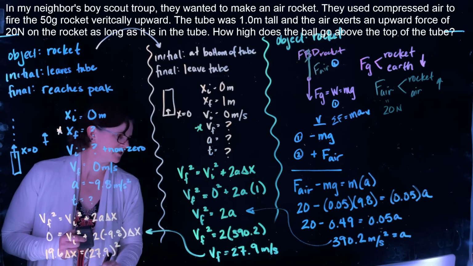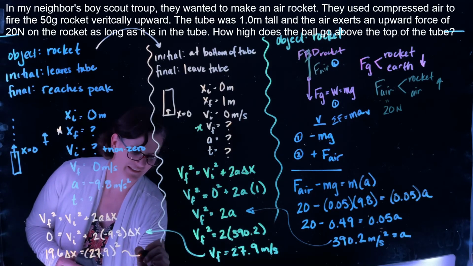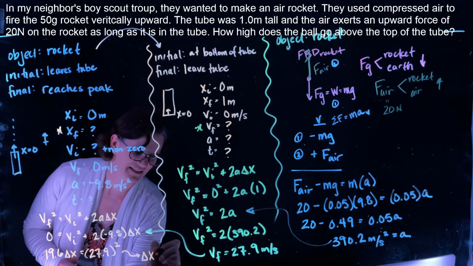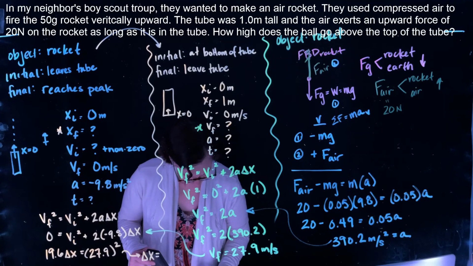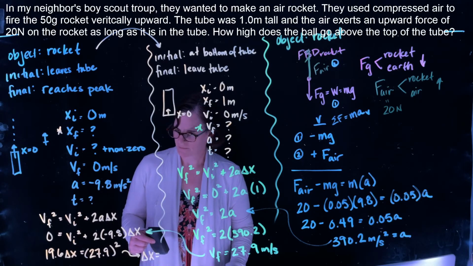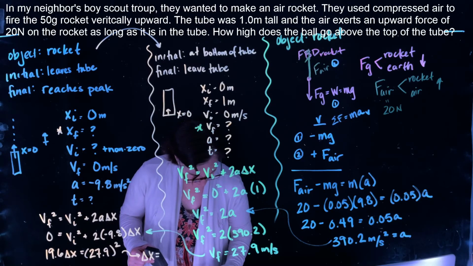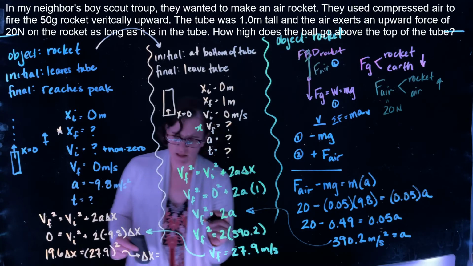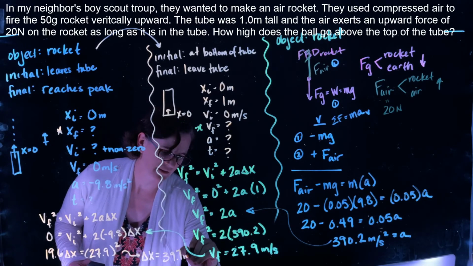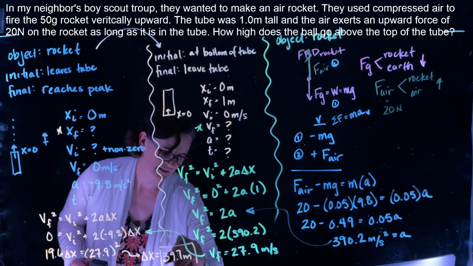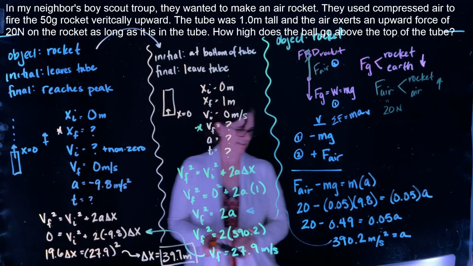I want to make sure I have enough room here. Delta x, when I solve for that, is equal to 27.9 squared divided by 19.6, which is 39.7 meters. All right, did that all fit on the screen?